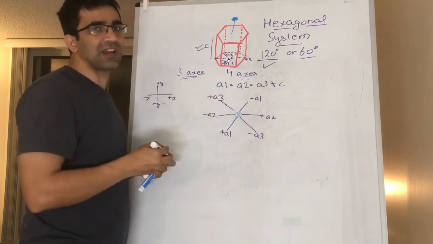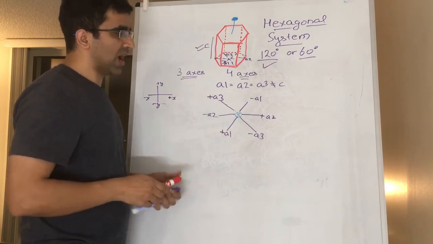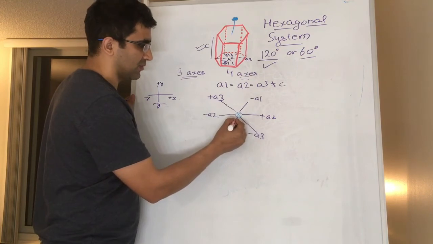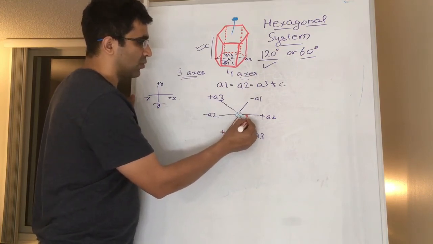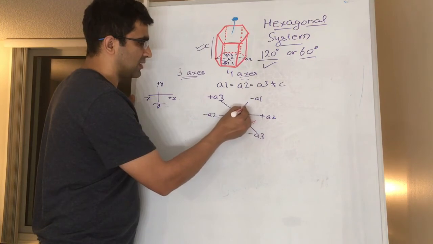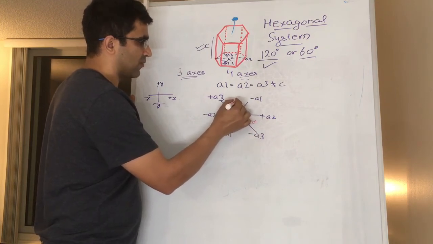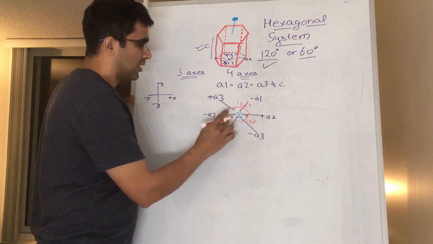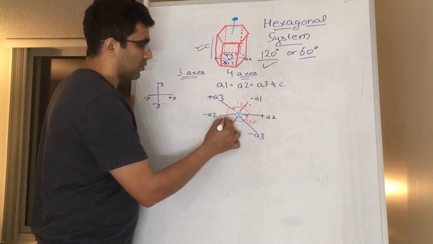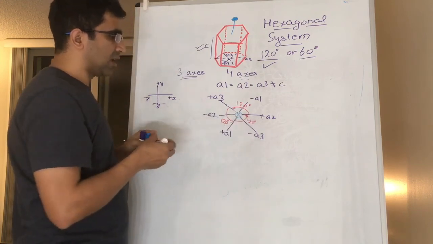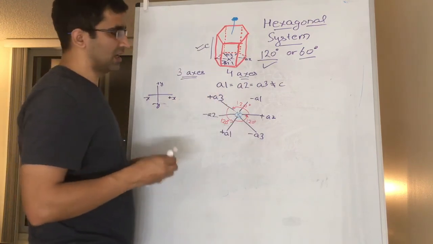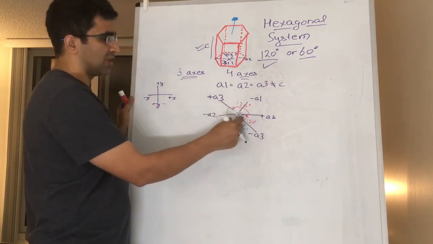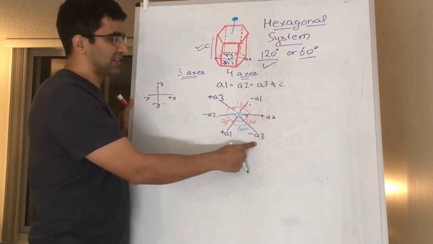Now the crystallographic angle between these axes you have to measure between plus a1 and plus a2, not between plus a1 and minus a3. So this angle becomes 120 degrees. Similarly, the angle between plus a2 and plus a3 is 120 degrees, and the other angle is also 120 degrees. Some people may say that the angle between these two lines is actually 60 degrees, and similarly all these angles will be 60 degrees between plus and minus A3 axis.